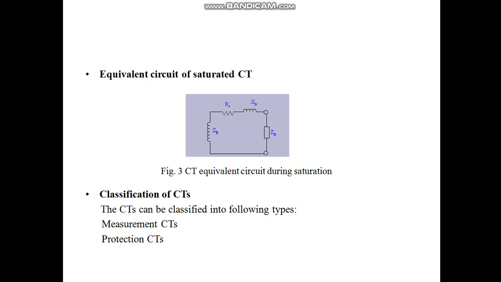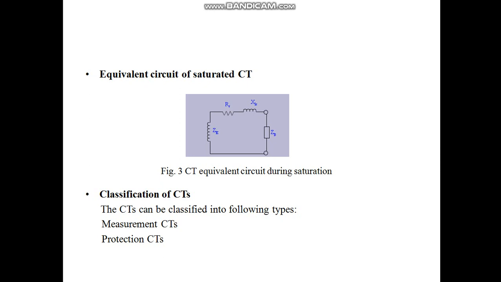Also the magnetizing impedance falls during saturation. So the transformer behaves more like an air core device with negligible coupling between the primary and the secondary winding. The high reluctance due to the air path implies that the magnetizing impedance, that is inductance, falls. The corresponding equivalent circuit is shown in figure 3.